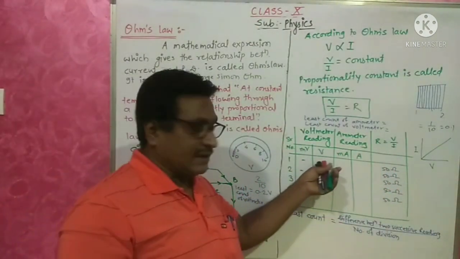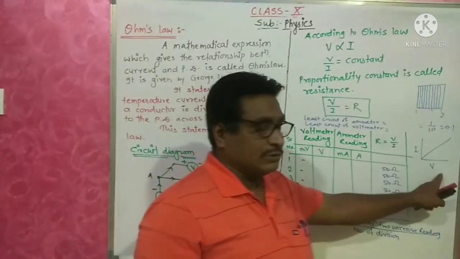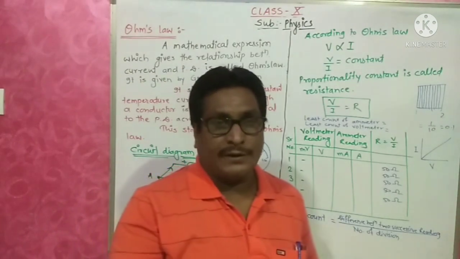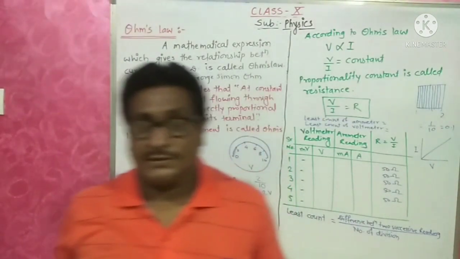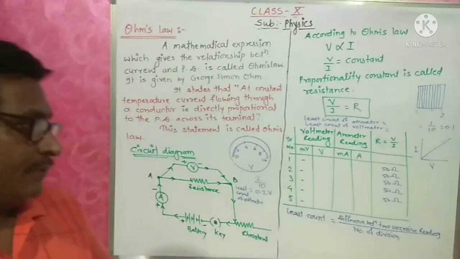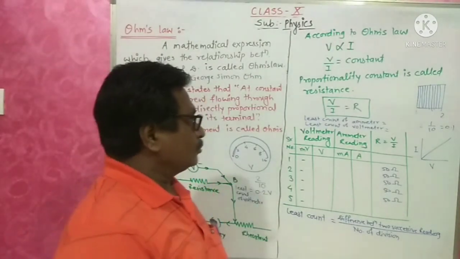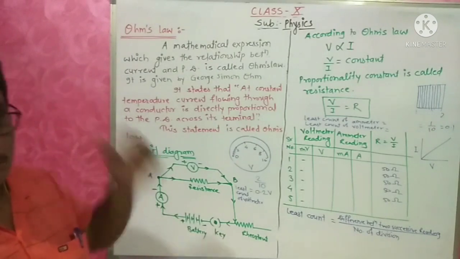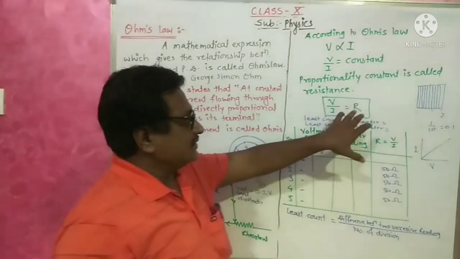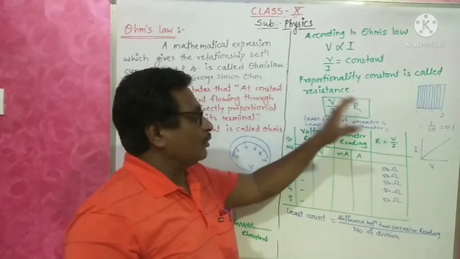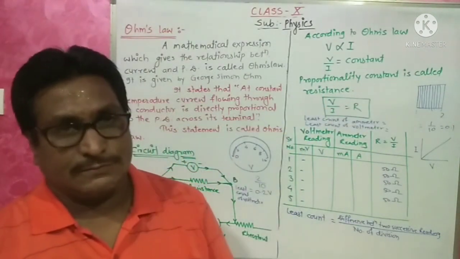Whatever readings you got, you have to take them along the x-axis and y-axis. Plot the points and join them. When you join the points, you will get a straight line. So this is Ohm's law. And the proportionality constant of Ohm's law is called the resistance.